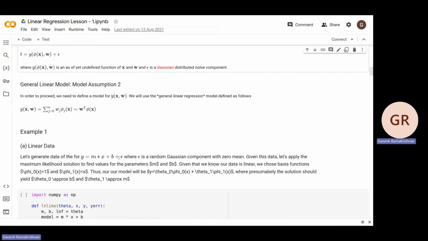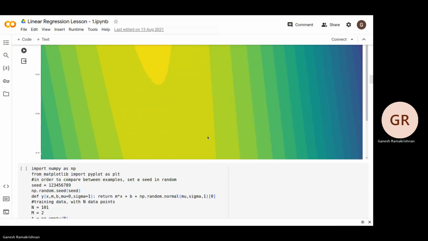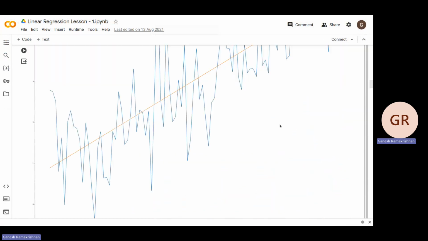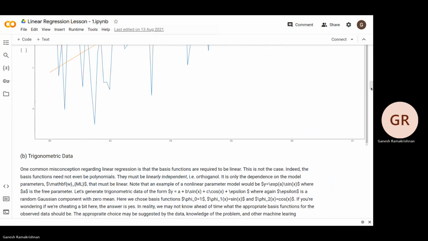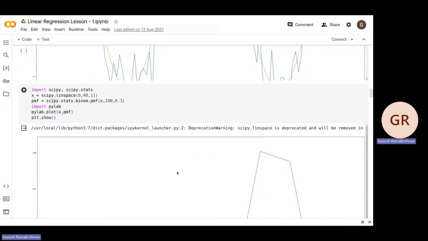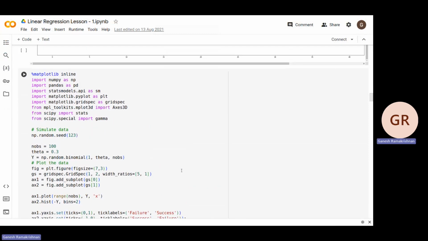So Y is mx plus b plus epsilon, right? This is a visualization of what this Gaussian means. And now we have actually created some data which is linear plus some noise, which is actually Gaussian. And we plot the data and so on.